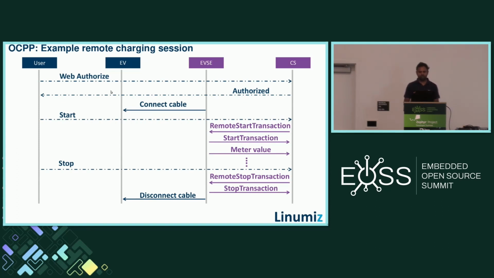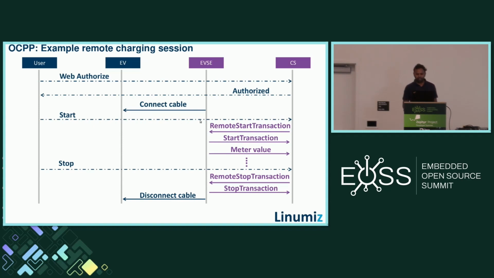Once he has been authorized, the EVSE will unlock the connector, so the user can pull the connector and connect to the EV. After that, the user can start charging by pressing a button on the application, and it goes to the central system, and then the central system will send a RemoteStartTransaction message.